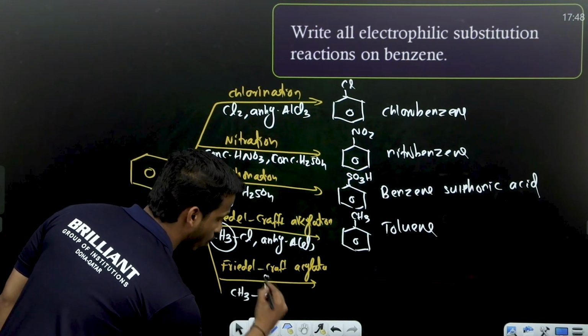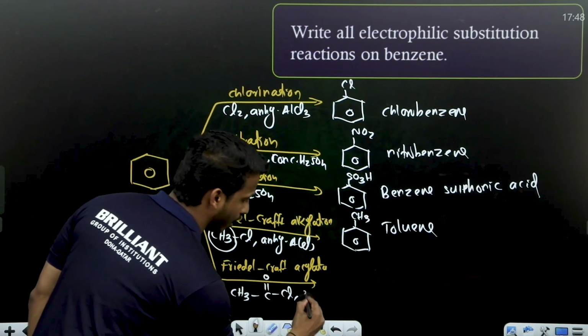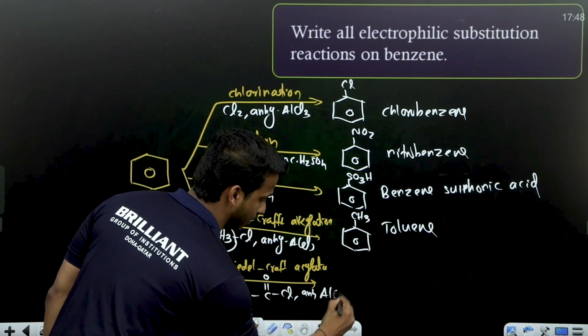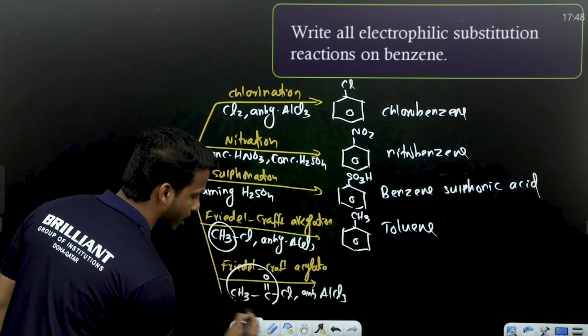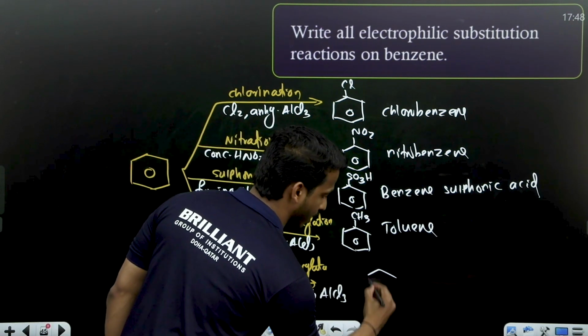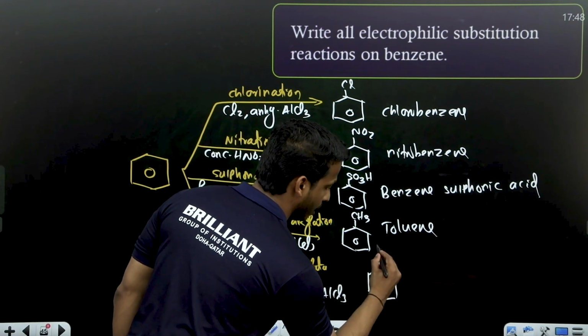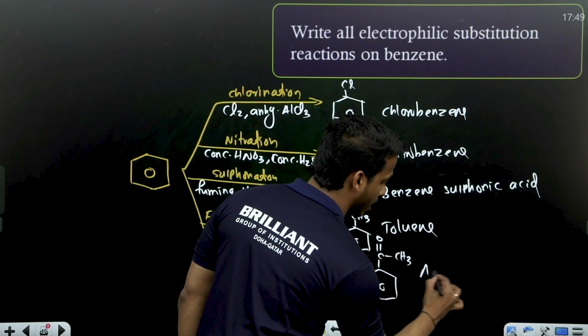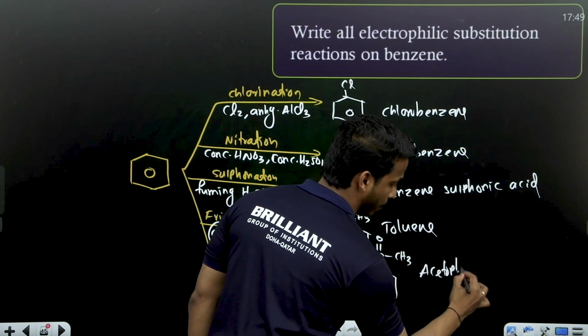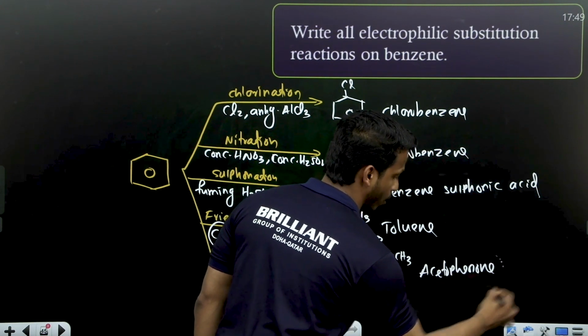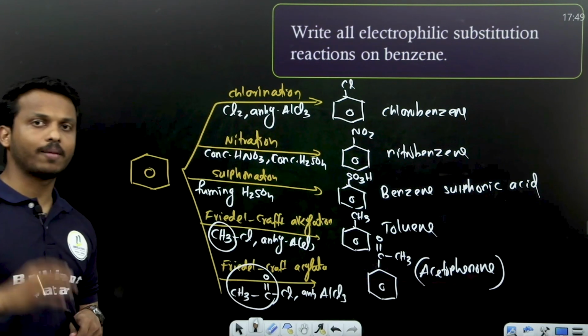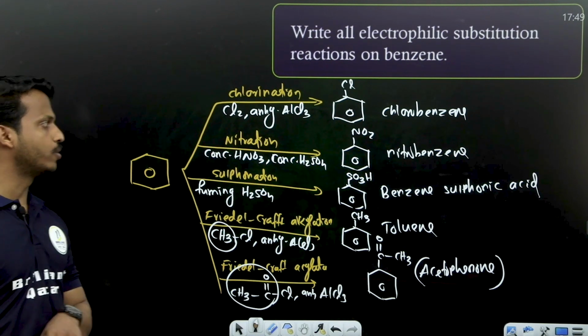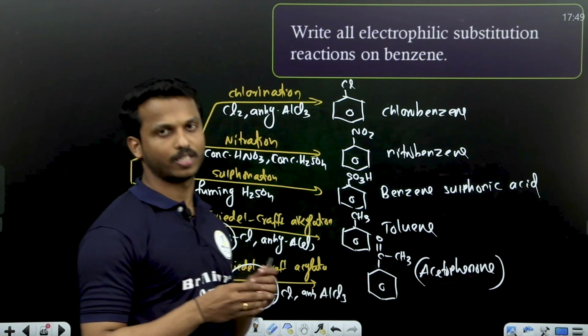CH3CO group with Cl and anhydrous AlCl3. So CH3CO comes to the benzene ring. Benzene with COCH3 is called acetophenone. It's a ketone. These are the basic 5 reactions we use as electrophilic substitution.